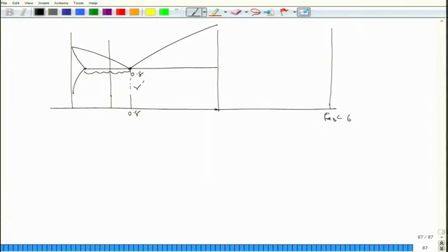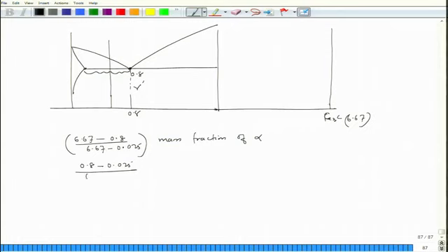So, if I try to see the fraction of gamma, for example, if I redraw this phase diagram part again, this is 0.8.